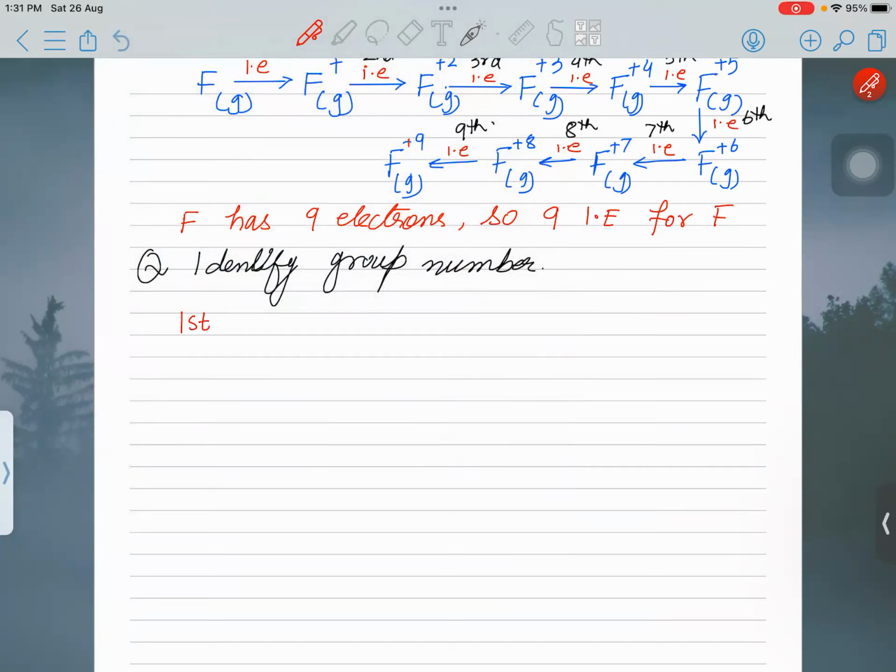This is the first ionization energy, second ionization energy, third, fourth, fifth, and sixth ionization energy.